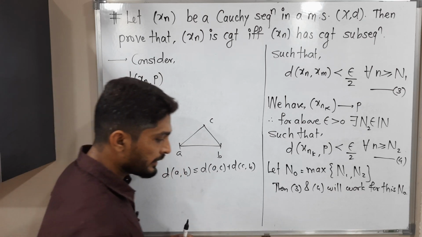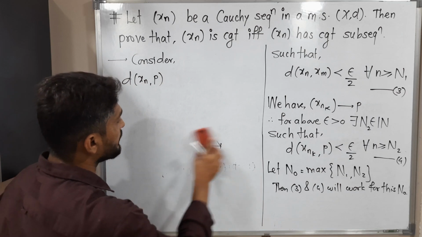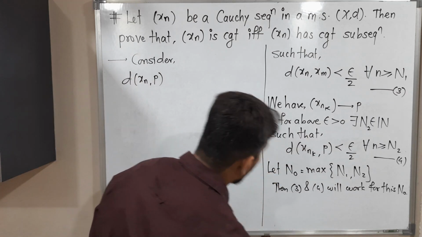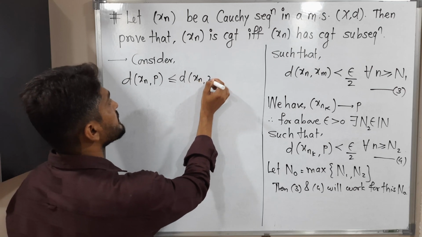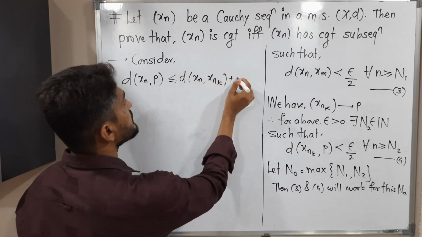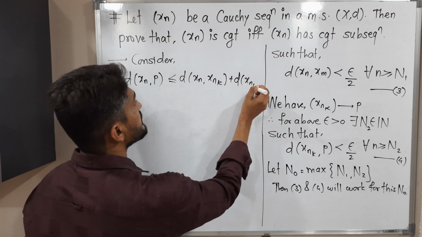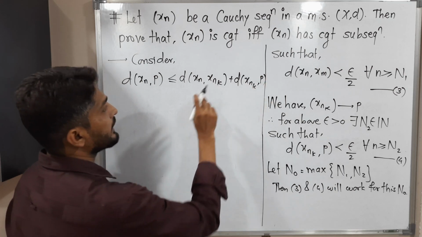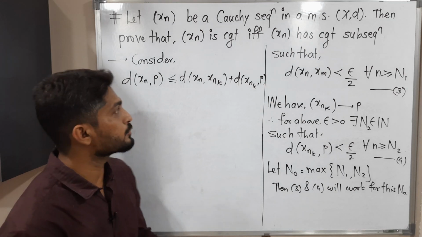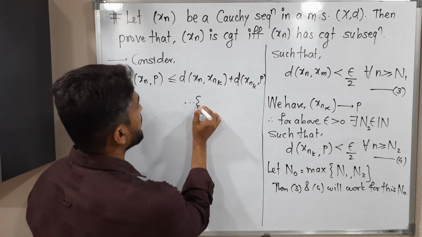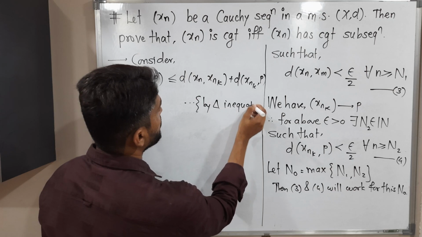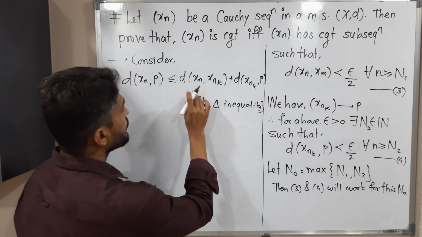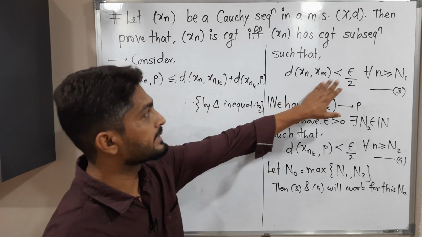So by triangle inequality, what can I write here? d of xn p is less than or equal to d of xn xn k plus d of xn k p. I have taken this third point xn k, right? So, by triangle inequality. Okay, so d of xn xn k is less than epsilon by 2.